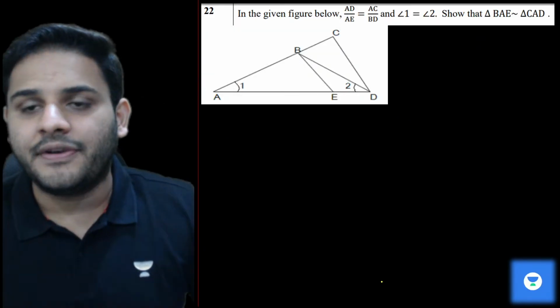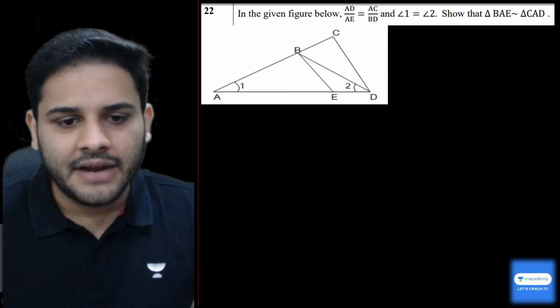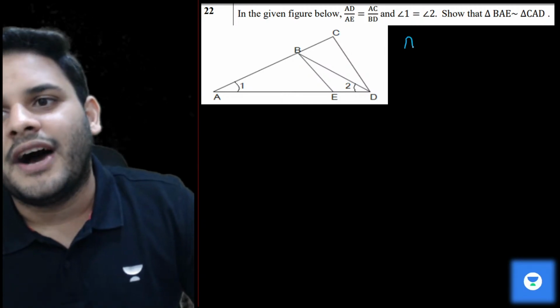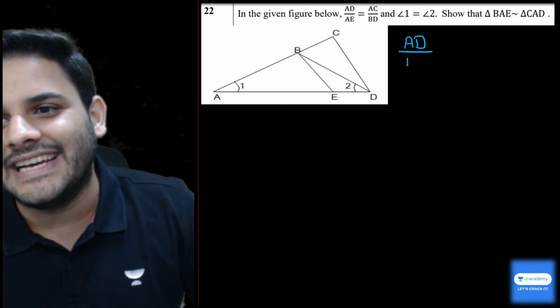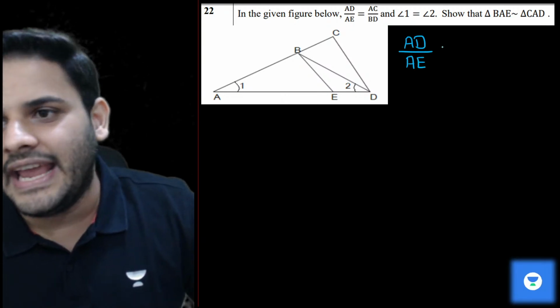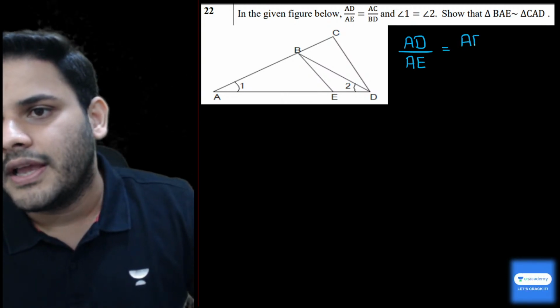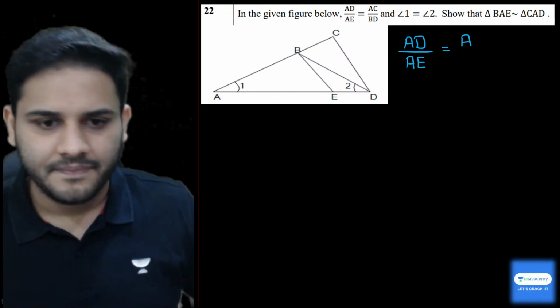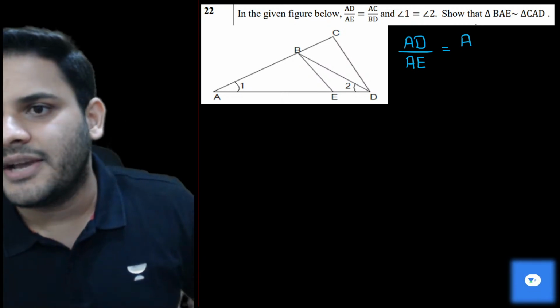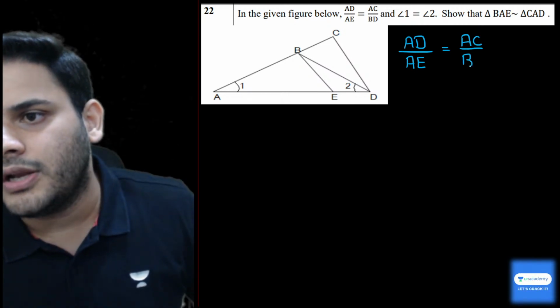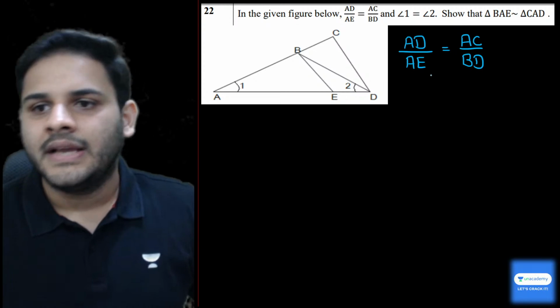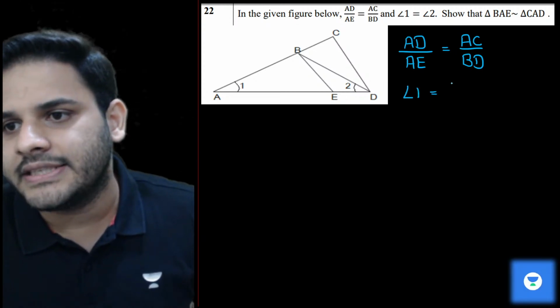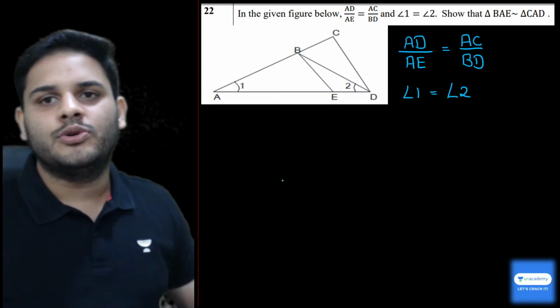We move on to the next question on your screens. We have, in the given figure below, the given details very clearly given to you. AD upon AE is equal to AC upon BD, and they have also given that angle 1 is equal to angle 2.